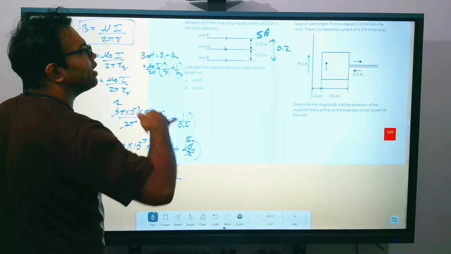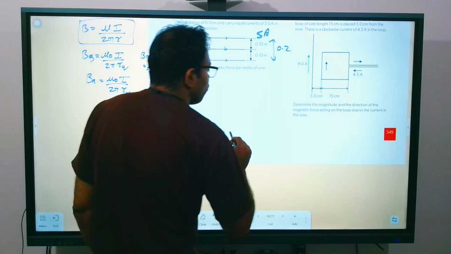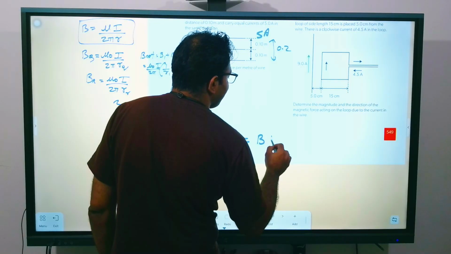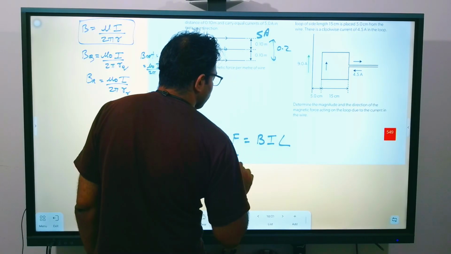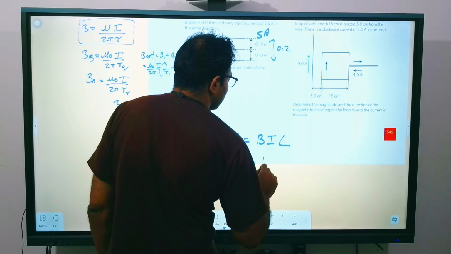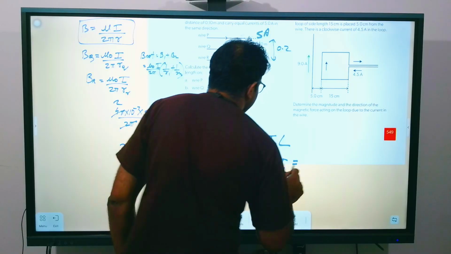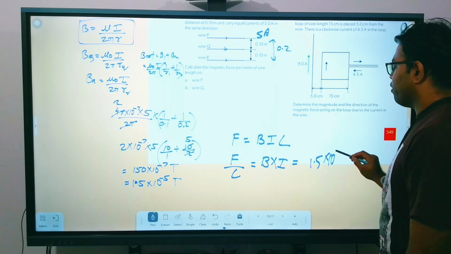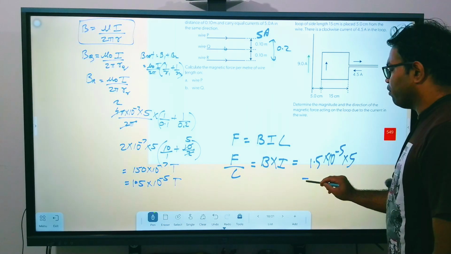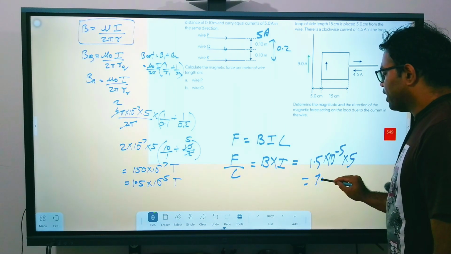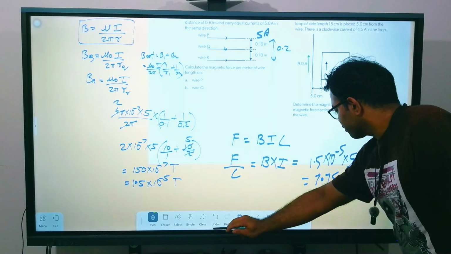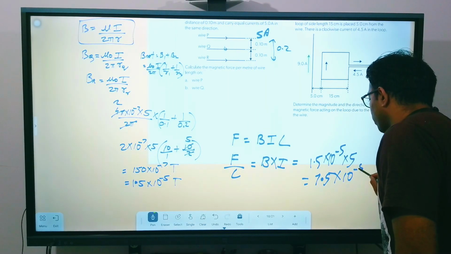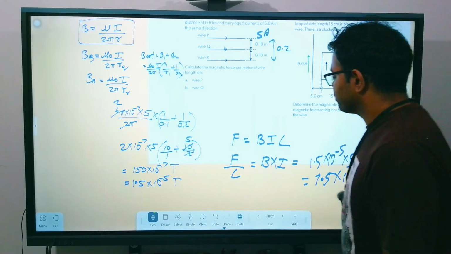So what will be the net force acting on this cable then? We know that force is equal to BIL. Therefore, force per unit length is equal to B multiplied by I. What is B? B is 1.5 into 10 to the power minus 5 multiplied by 5, that is 7.5 multiplied by 10 to the power minus 5 newtons per meter.